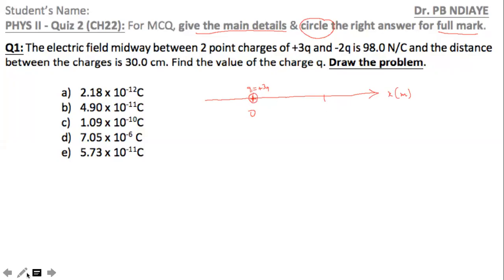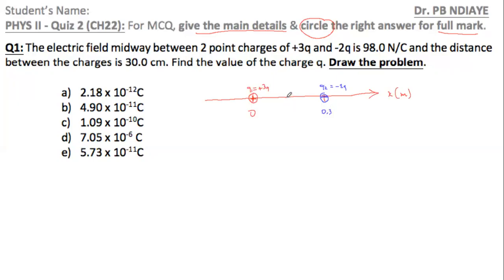And charge Q2, let me take another pen. I call it Q2, which is equal to minus 2Q, and it's negative. Charge 2 is here at 30 centimeters from charge Q1, basically at 0.3 meters from charge Q1.